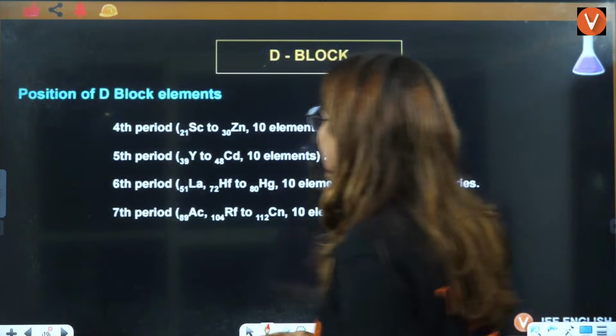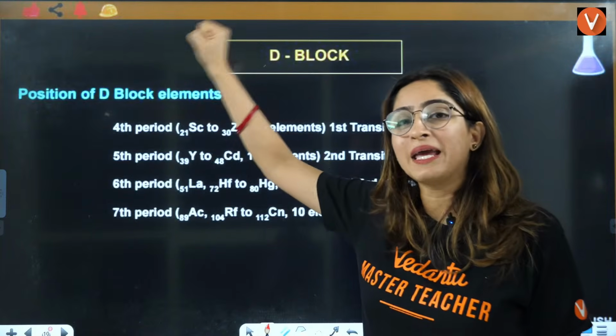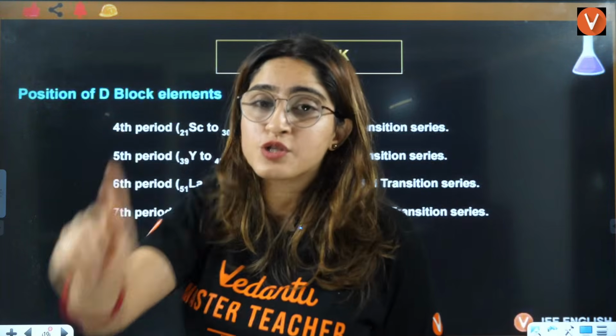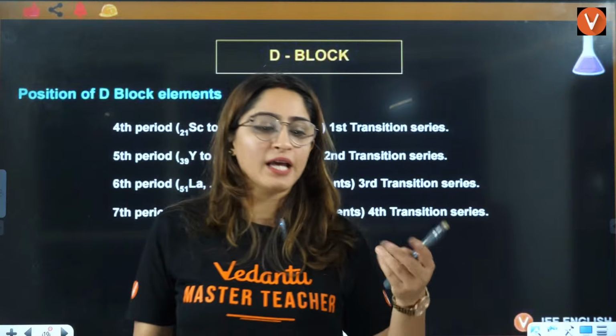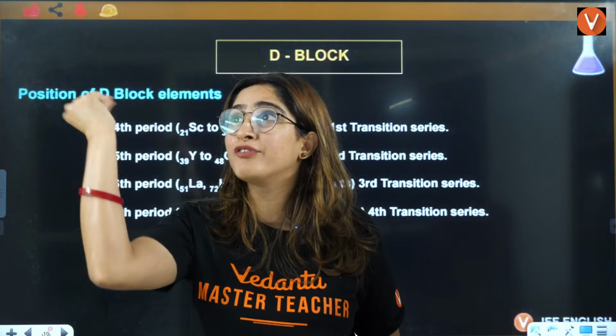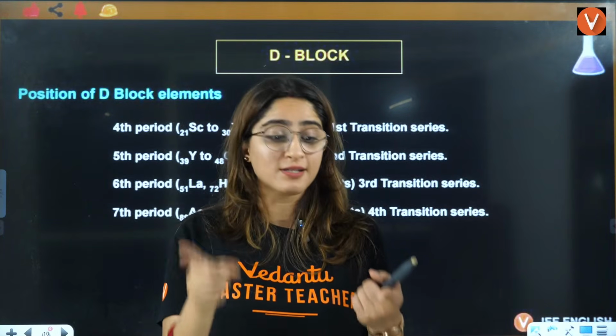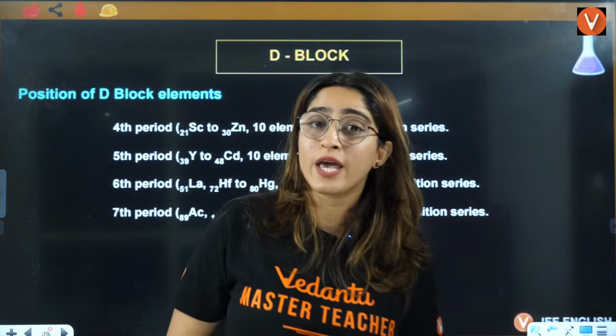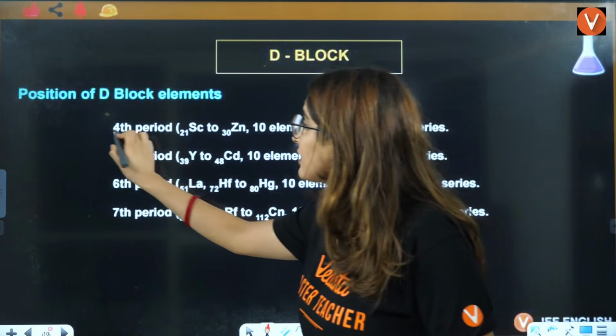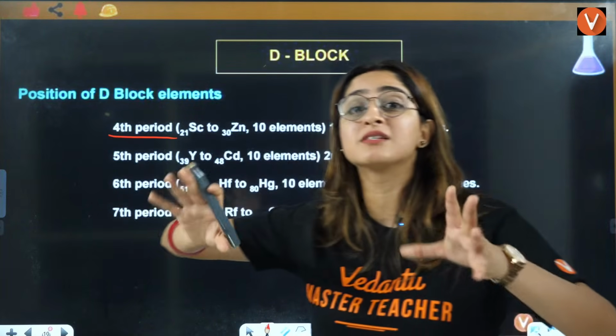First thing, students, that is in your fourth period. This is very confusing and trust me on that. When the exam asks you fourth period, students get confused. Fourth period was 4D series? No, fourth period is 3D series. Okay? That's how the periodic table is made.